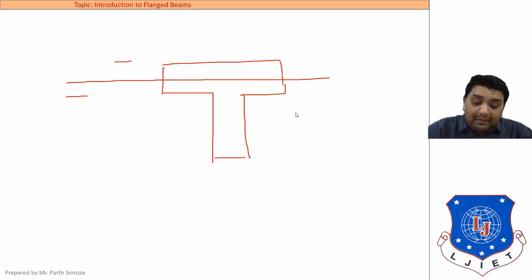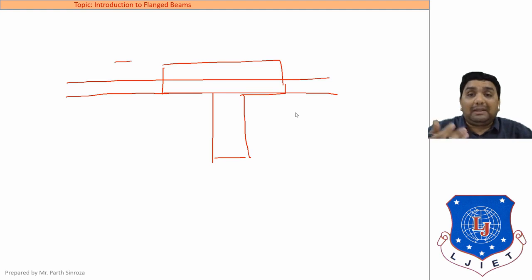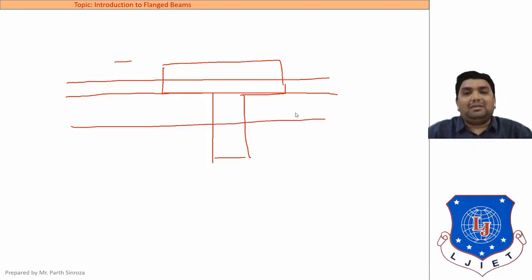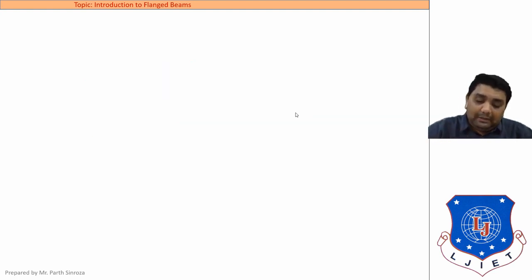Second, the neutral axis can be at the junction, the plane between the flange and the beam, or the plane between the slab portion and the beam portion, that is our web portion. And the third case is that the neutral axis can be in this zone, that is our web. Clear? So three cases we need to refer to. We will be seeing these three cases in depth.